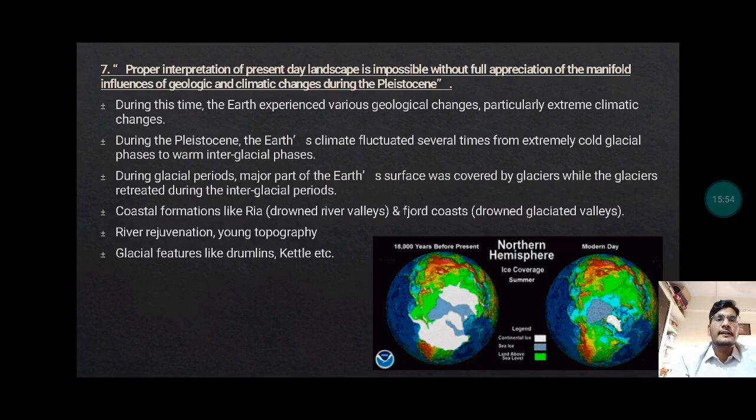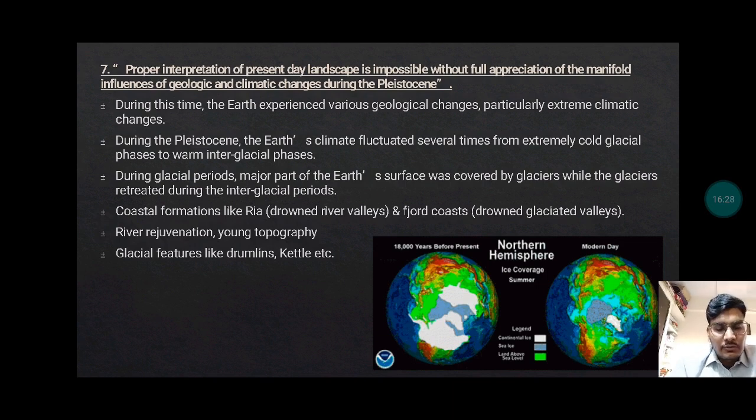Okay, so let's start the discussion one by one. If we see the coastal formations, especially in the Scandinavian countries and Canada, we find that the coastal landforms are very broken, and those coasts are known as either Ria coast or fjord coast. Why are these called Ria or fjord coast? Because earlier when the Pleistocene period was there, glaciation was high and sea level was low.